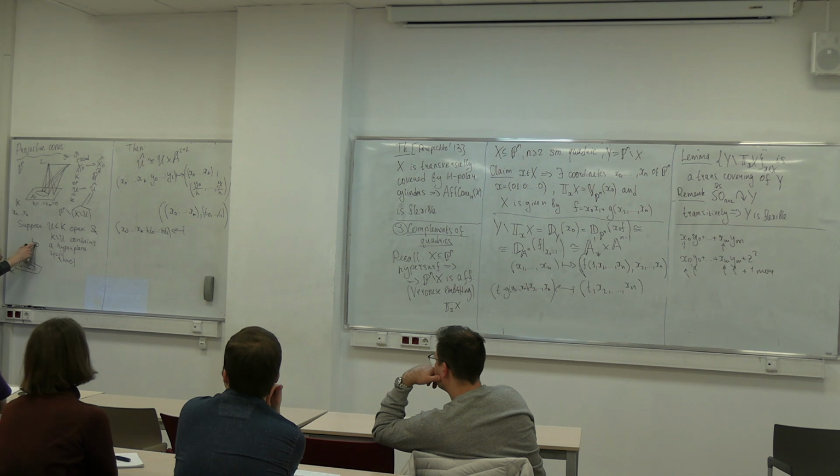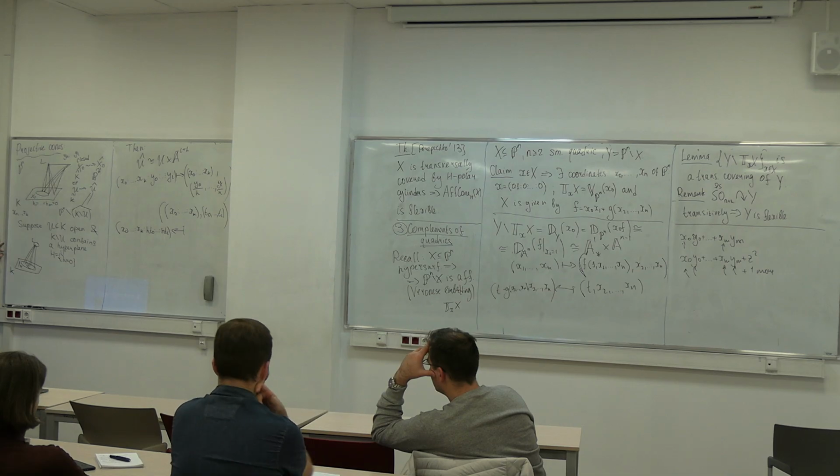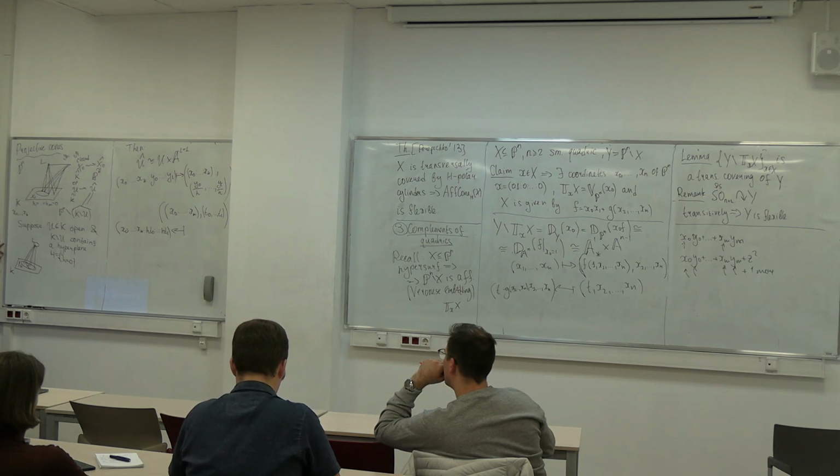I'm not sure, but I just can't write an isomorphism for you. Okay, yes. Then it should be like A1 times U. Well, I don't know. It just doesn't work. So you can try to write some isomorphism formula, but it just doesn't work.